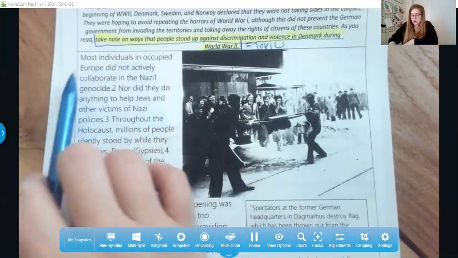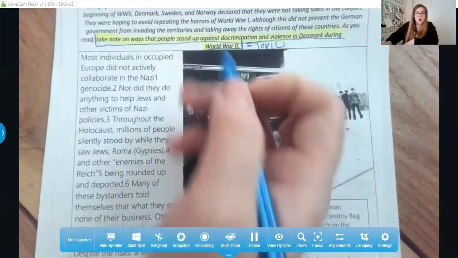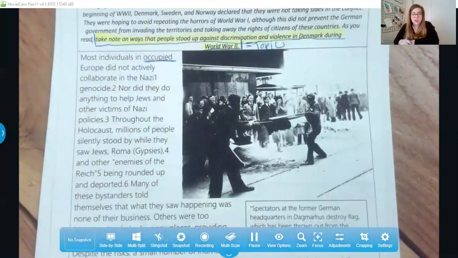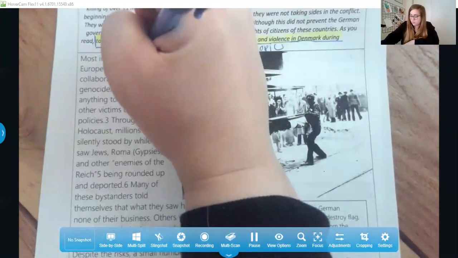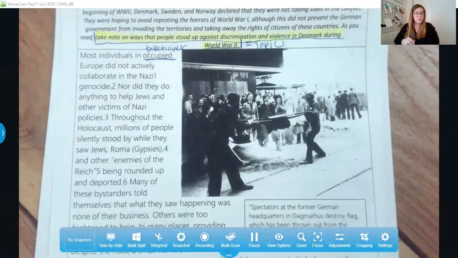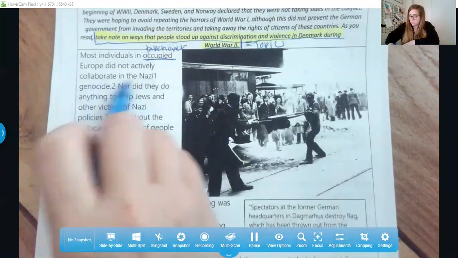Most individuals in occupied Europe, remember this word occupied, we learned it in previous weeks. It just means that your country has been taken over by another government, okay? To be taken over. So if they were occupied Europe, they were taken over by Germany, okay?